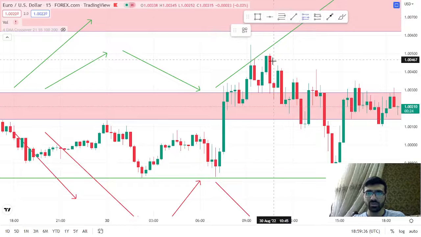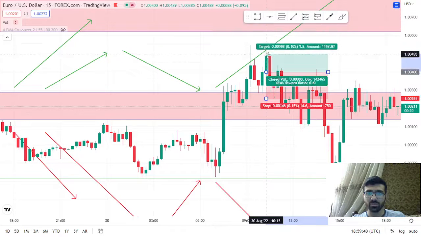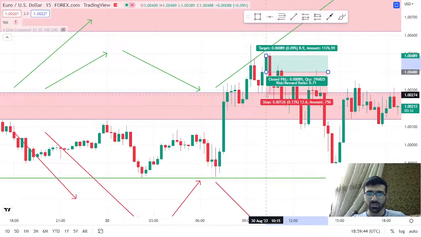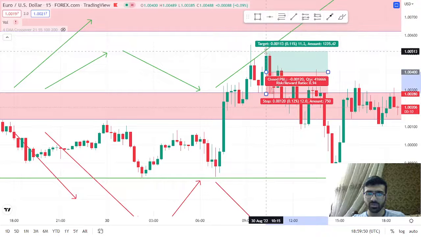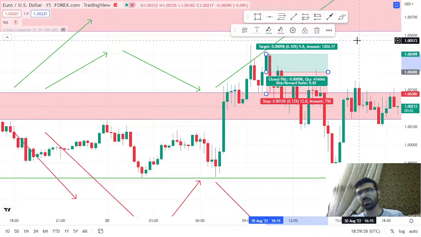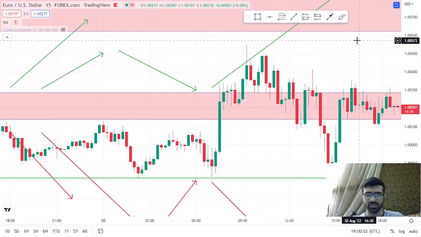So even if we had gone long over here, we could have managed to grab a small profit somewhere like this. This is a 0.8% profit, but I would have avoided taking this trade anyway.